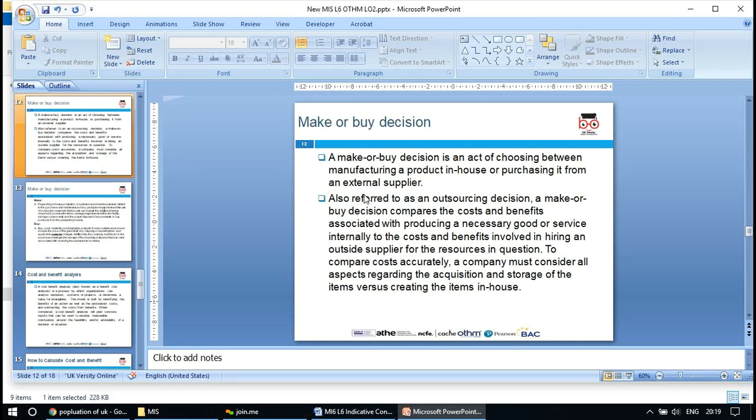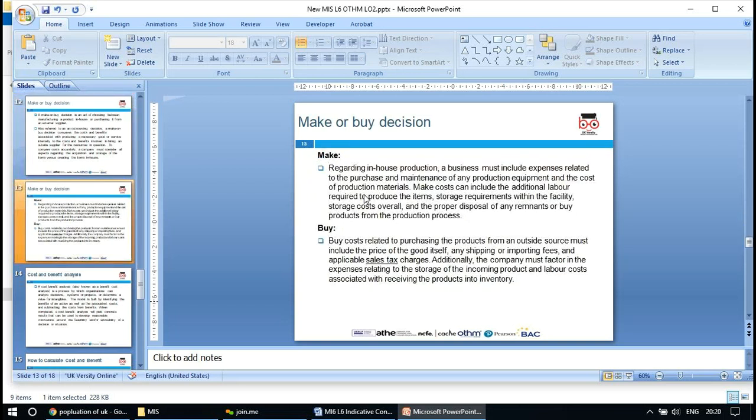Not really, no, because of space, isn't it? Or I guess you would need it beforehand, wouldn't you? There are lots of concerns. If you want to do in-house production, then you need to include the expenses of purchase, maintenance, equipment, cost, material, labor, and many things, storage.